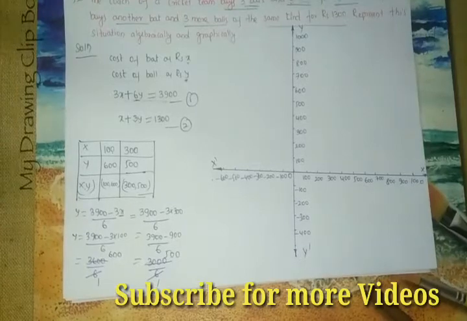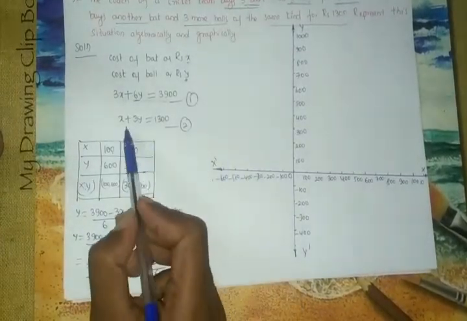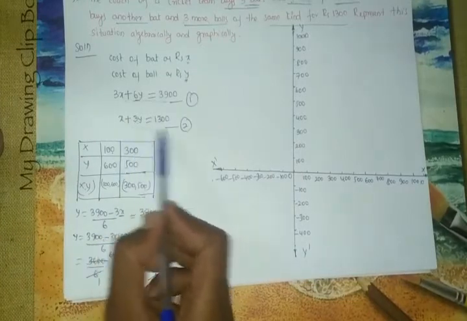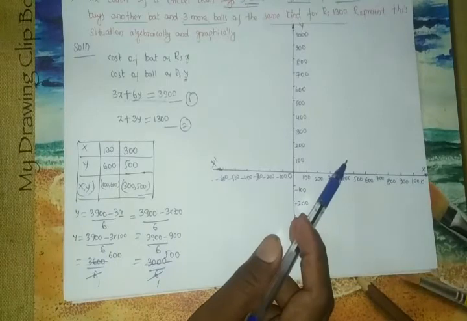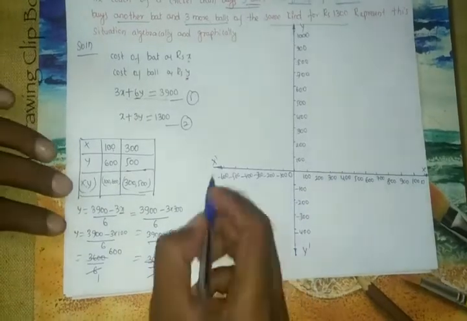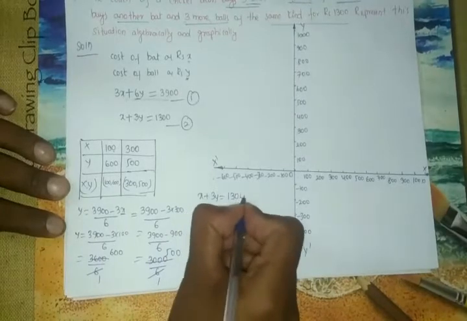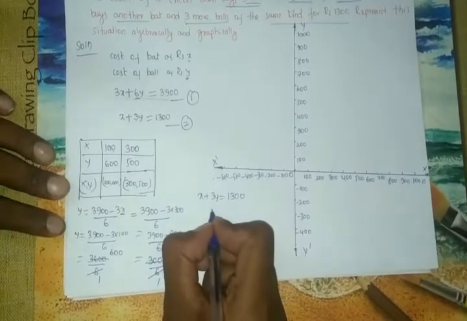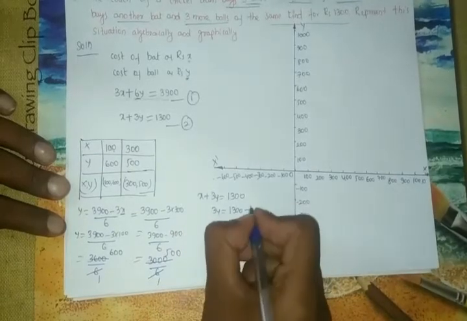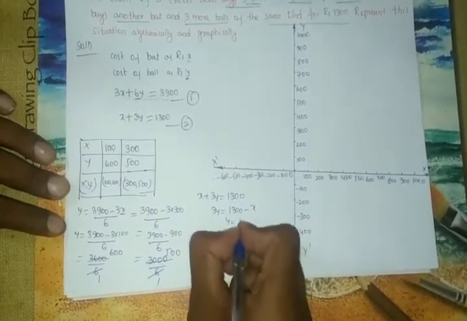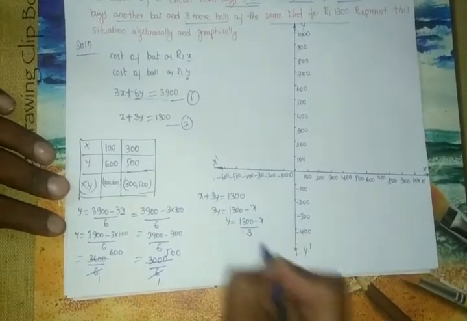In the same way, I will try to represent equation number 2 on this graph. For that I require 2 points. So let me write that equation: x plus 3y equals 1300, or 3y equals 1300 minus x, or y equals 1300 minus x divided by 3.